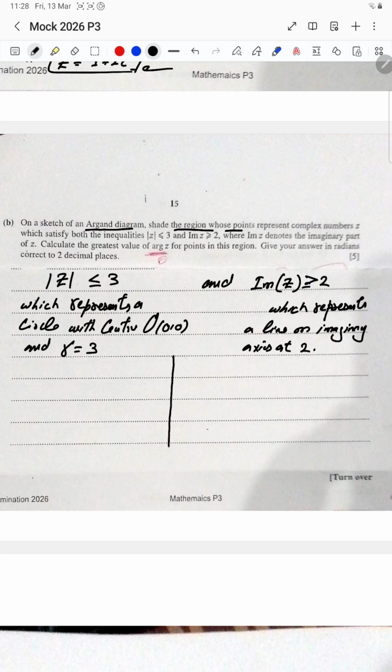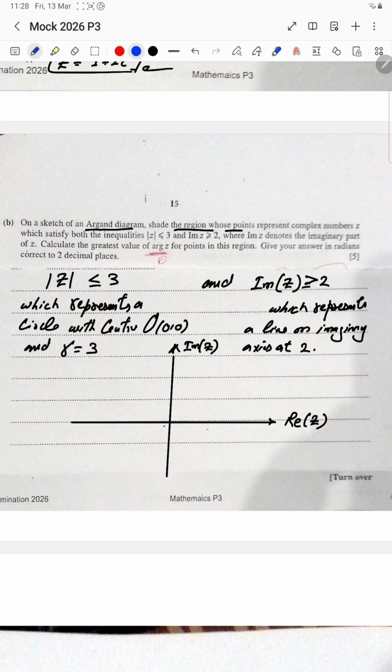Here I am going to sketch this. For the sketch you need to be very careful about the spacing. This is the real axis, the x-axis, real of z on the Argand diagram, and on the y-axis we have imaginary of z. Now I'm going to change the color.